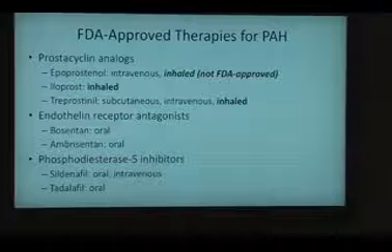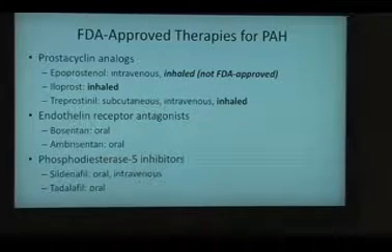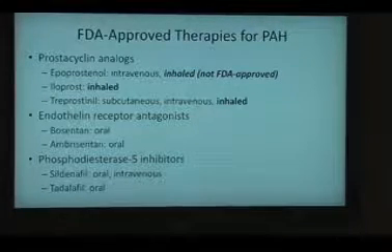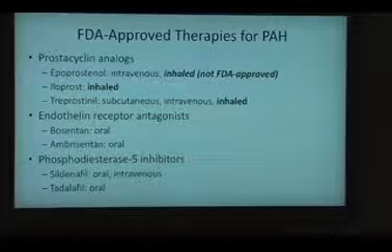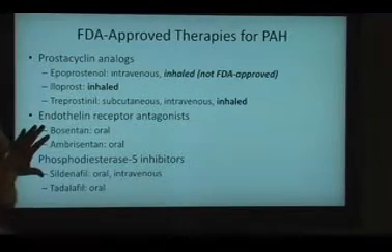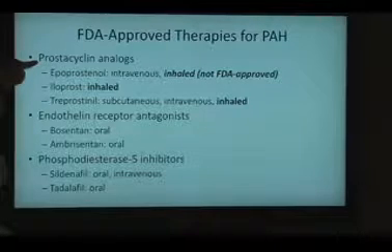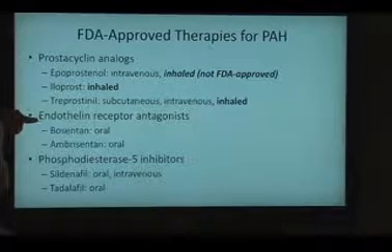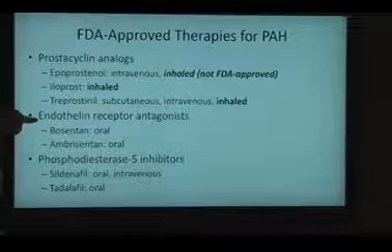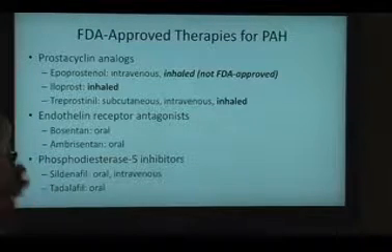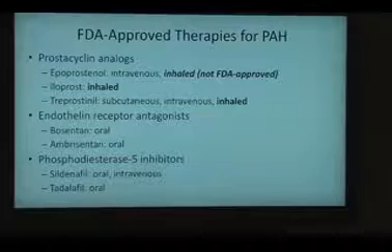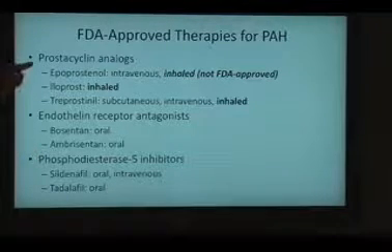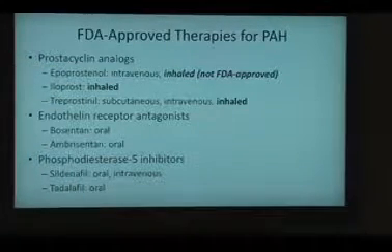So what are some of the treatments then for pulmonary arterial hypertension? Some of these will affect us as respiratory therapists. So there are primarily three groups of drugs: the prostacyclin analogs, the endothelin receptor antagonists, and the phosphodiesterase 5 inhibitors. And the ones that affect our practice primarily as respiratory therapists are the prostacyclin analogs.